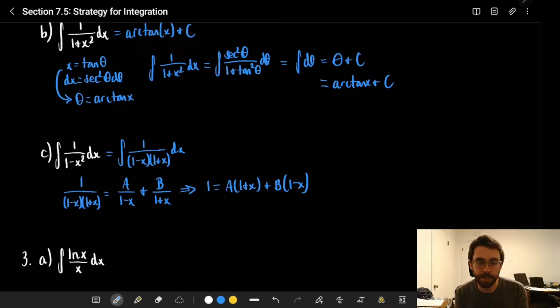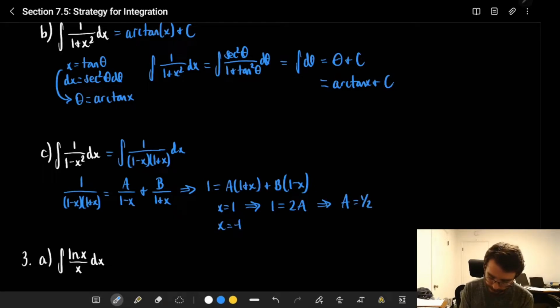And then you can do the nice thing of picking good x values, right? So if x equals, let's try to cancel out the b term. So if x equals 1, that would give me the equation 1 equals 2a, which means a is a half.